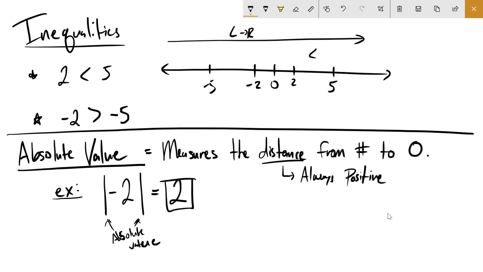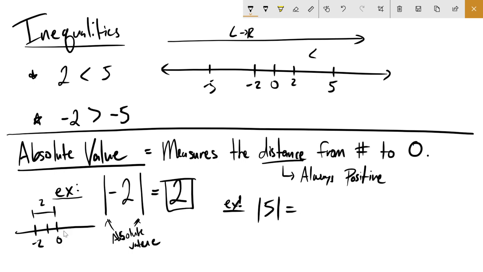So what the absolute value essentially does is it takes negative numbers and turns them positive, because on the number line, how far away is it if you have to walk from -2 back to 0? How far are you going to have to walk? 2, +2. So that's what the absolute value does. And what about positive numbers? What about the absolute value of 5?